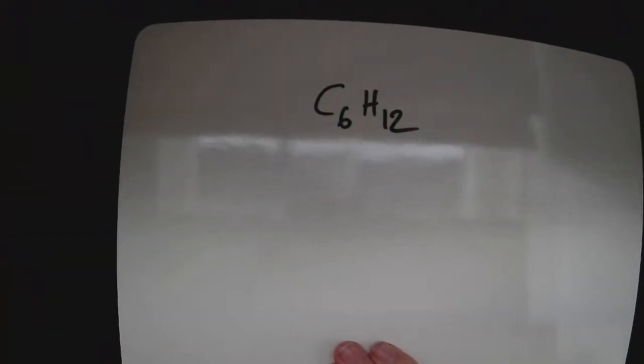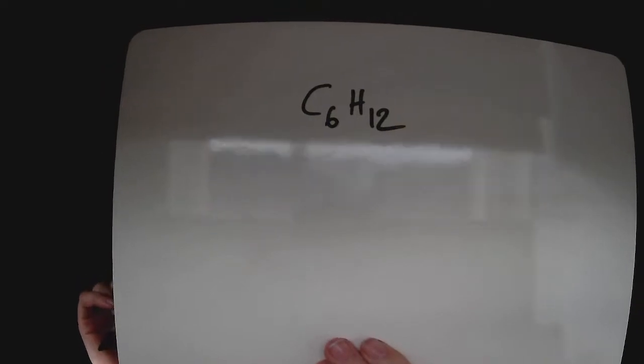Next, empirical formula. When we talk about the empirical formula, this is quite simply the simplest ratio of all of the atoms in a compound. So if we've got, let me just pick one here, let's do this one. So let's do C6H12, okay, so that's not the empirical formula.